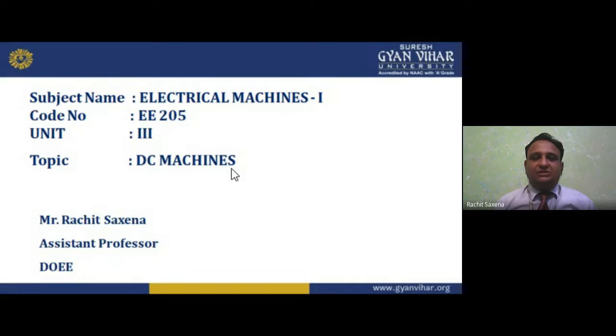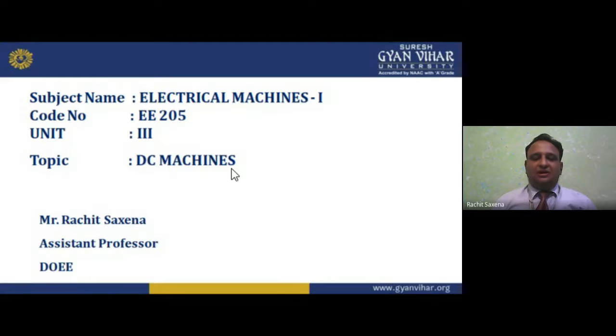It requires a direct current supply input, and it gives direct current output. So input is direct current, output is also direct current. So today we are going to start Unit number three, that is DC machines.